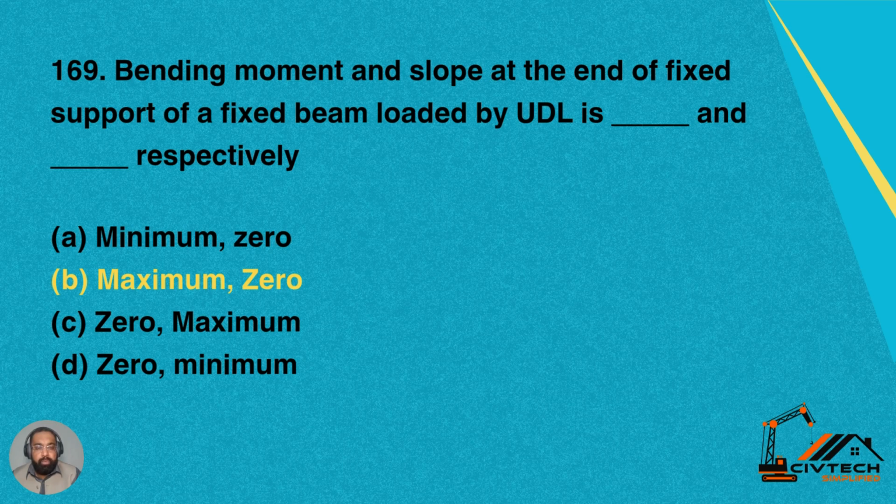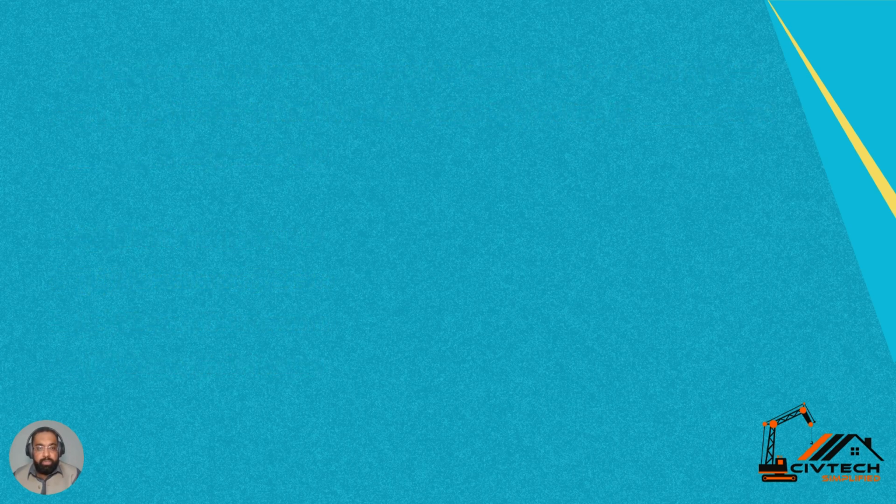Option A, minimum and 0; option B, maximum and 0; option C, 0 and maximum; option D, 0 and minimum. The bending moment and slope at the end of fixed support of a fixed beam loaded by UDL is maximum and 0 respectively. So B is the correct answer for this question.